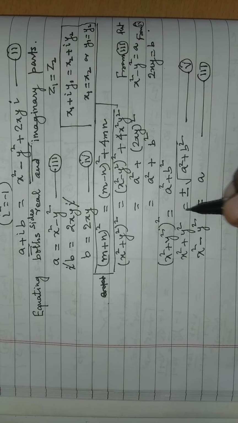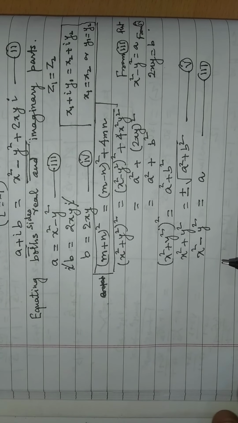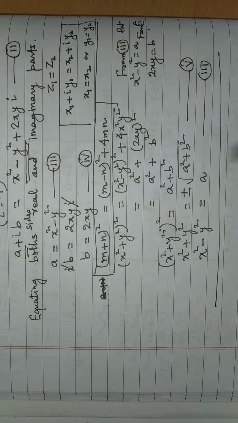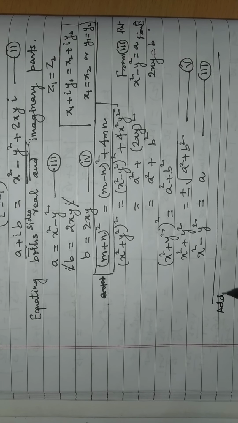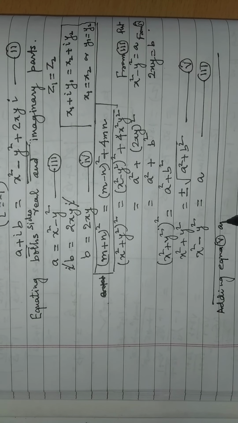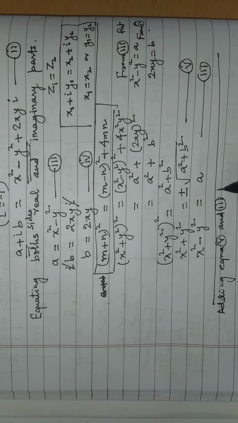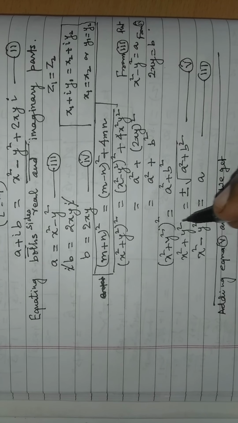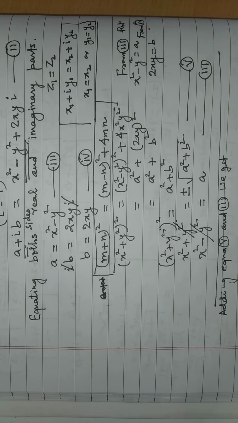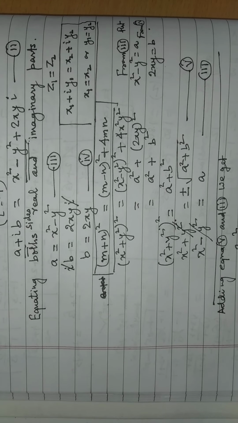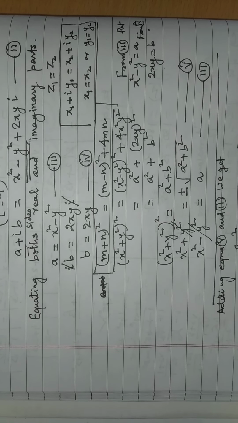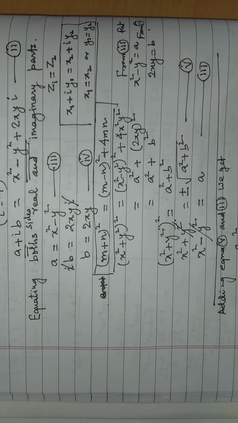Now from these two equations we can use the elimination method to find the value of x. So adding equations 5 and 3, y square will cancel here, so 2x square is equal to a plus minus root under a square plus b square.